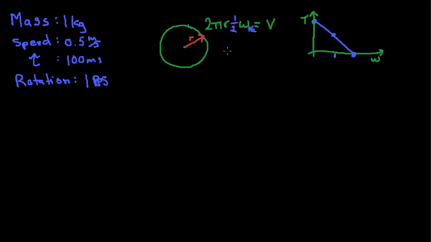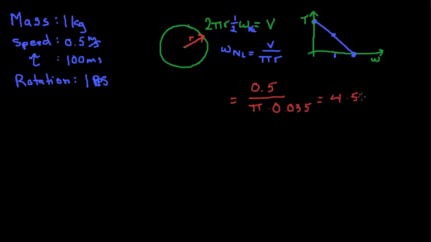Rearranging the equation a little bit, we end up getting omega no load is equal to our linear travel velocity divided by pi times the radius of our wheel. So for our robot, if we want to get the no load speed, it's 0.5 meters per second over pi times the radius of the wheel, which is 0.035.